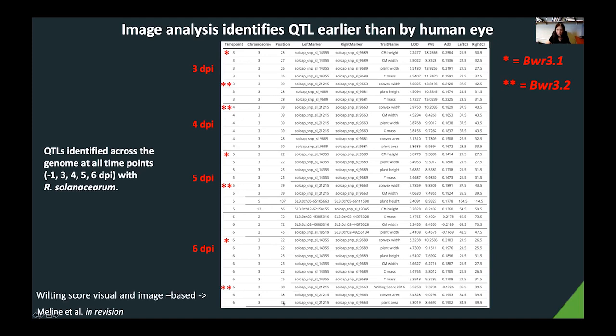This is the one down here that has both our visually assessed wilting score from 2019 and our image-based scores. And what you can see if you look back at 5 days post-inoculation, at 4 and at 3, we are picking up QTL 3.2 much earlier than we can see it by eye. So we cannot capture it visually at 3 days post-inoculation, but we can capture it with our digital descriptors. Something is changing that has to do with width.